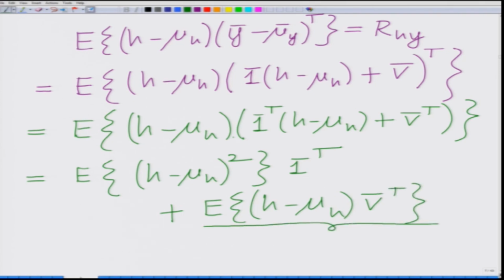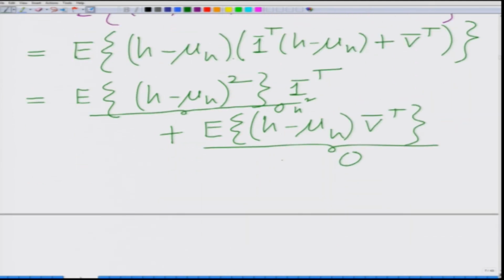This second term is equal to 0 because the noise and the parameter are uncorrelated, while the expected value of (h minus mu h) square is sigma h square. So this net quantity, which is very simple, is sigma h square into 1 bar transpose, which is R_hy.